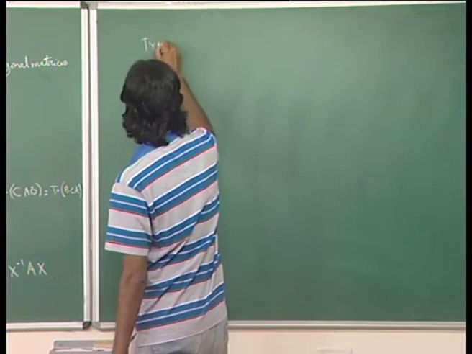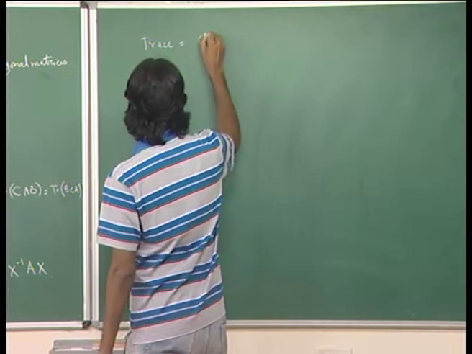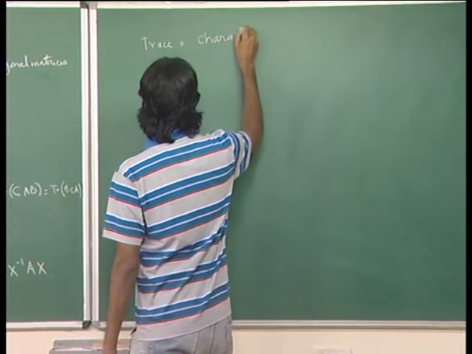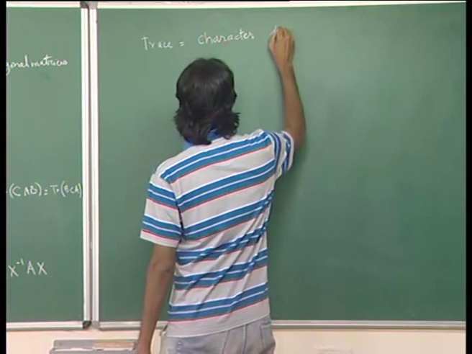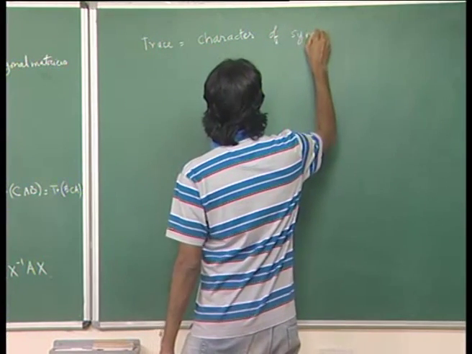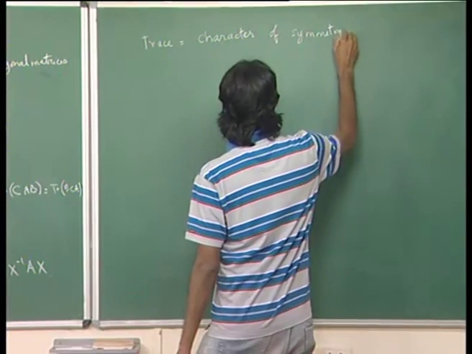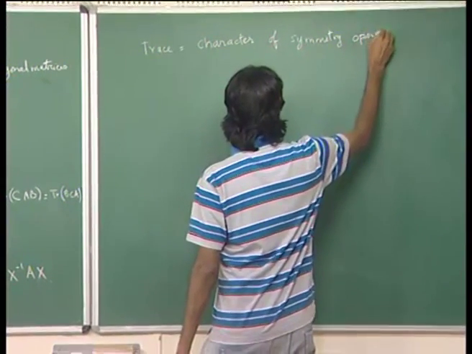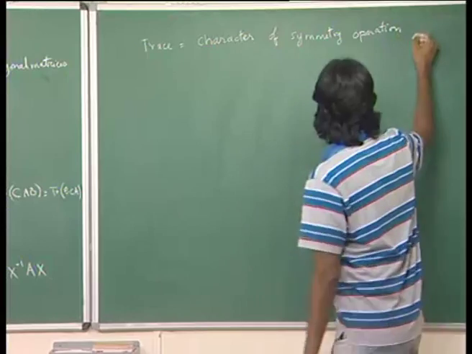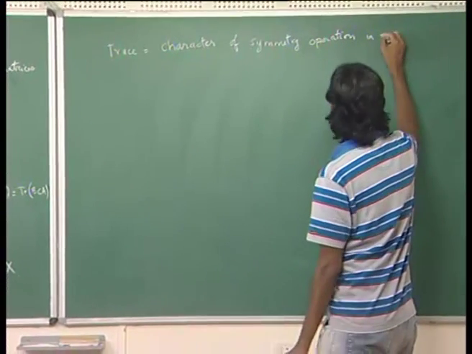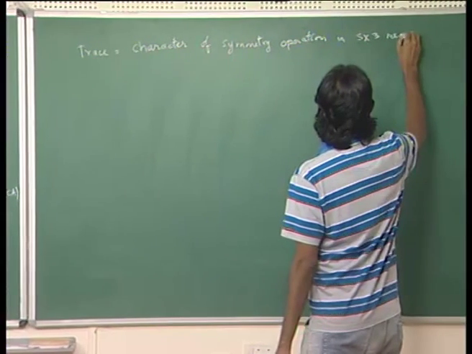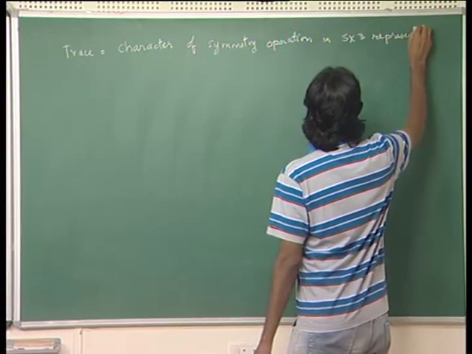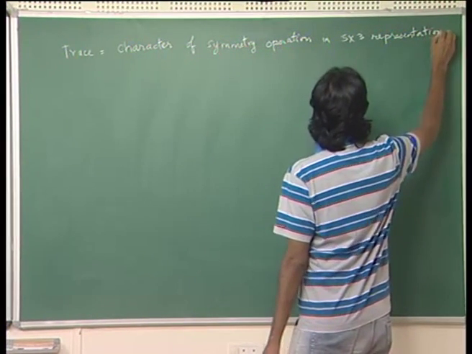So, now trace is also called character. Okay, character of a symmetry operation in the particular 3 by 3 representation. Okay.